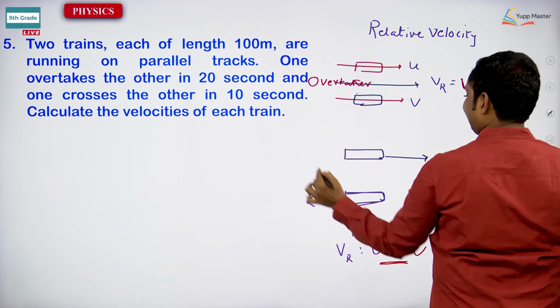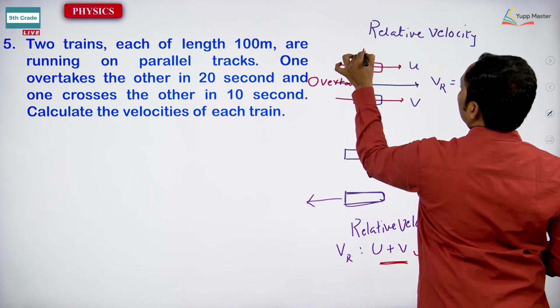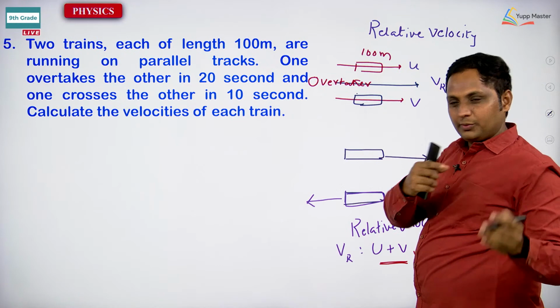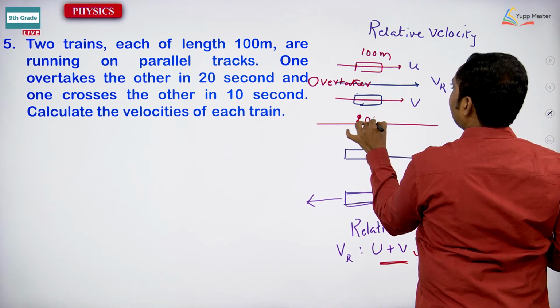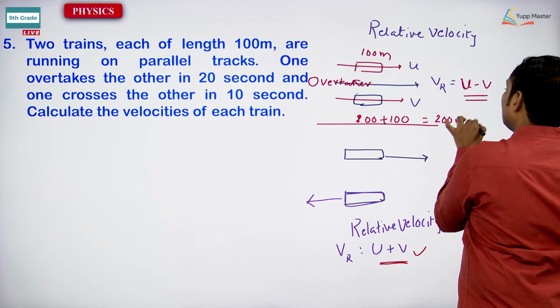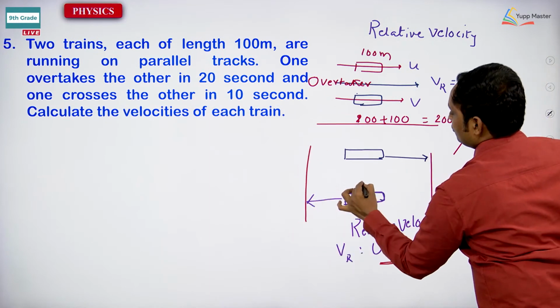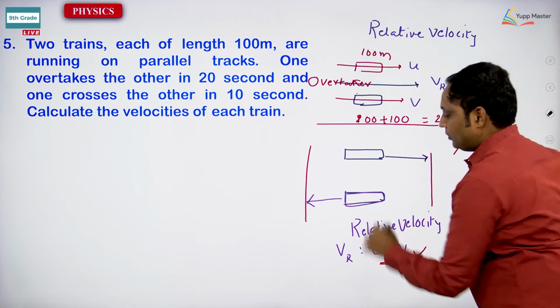Yeah, cross each other, but what they have given, each of length is going to be 100 meter. Even though they are overtaking or crossing, the total distance is going to be 100 plus 100, that is 200 meter. Alright, it is very clear. So, here also 200 meter, here also you have to consider 200 meter.